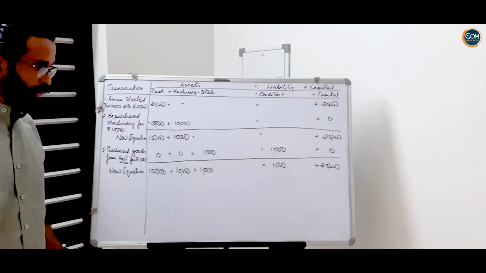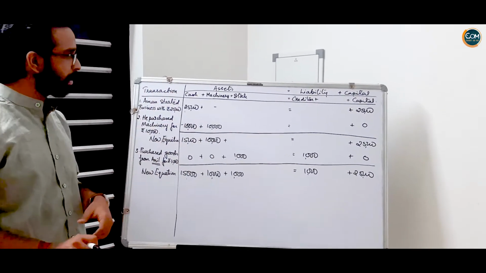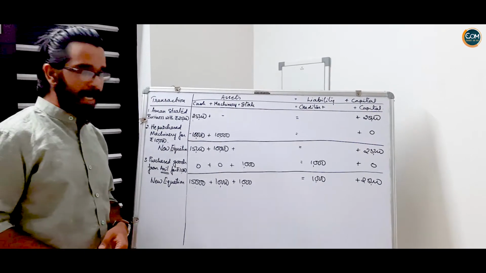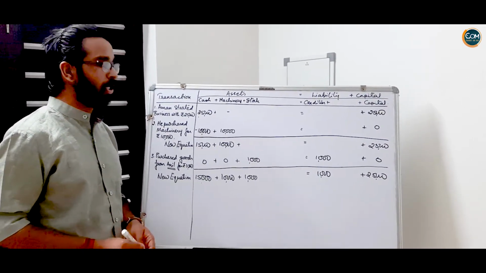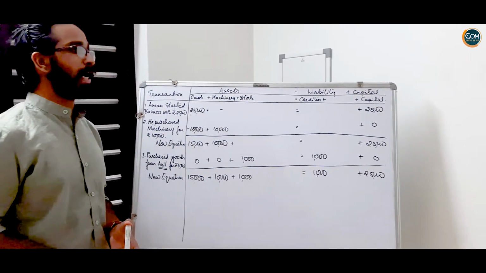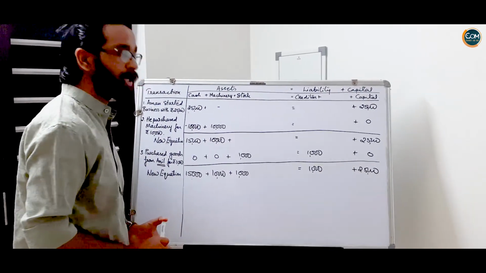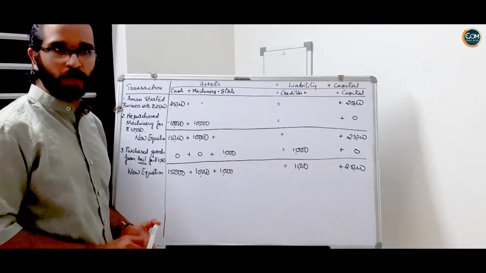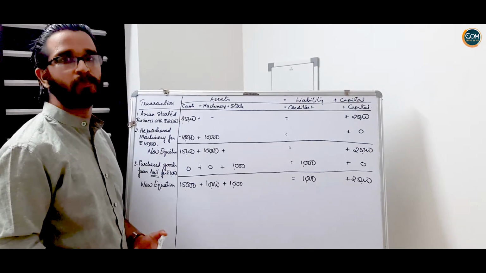So here, as you can see, on the asset side, the items will be cash ₹15,000, machinery 10,000, and stock 1,000. On the liability side, creditor 1,000 and capital 25,000. Here also, the accounting equation is proved.